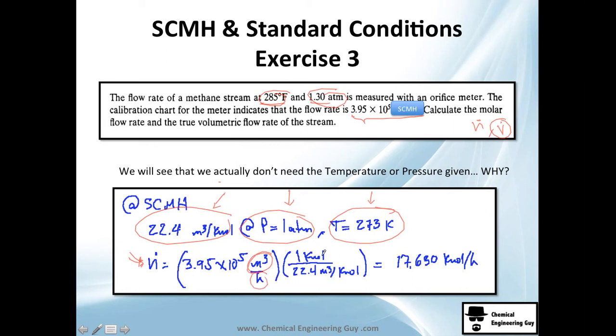We just need to divide by the specific volume, which is 22.4 cubic meter divided by kilomole. And as you can see, now this should be here. So you can cancel cubic meter, and you get kilomole per hour, and you get this number. So pay attention, guys, we did not need this data right now.